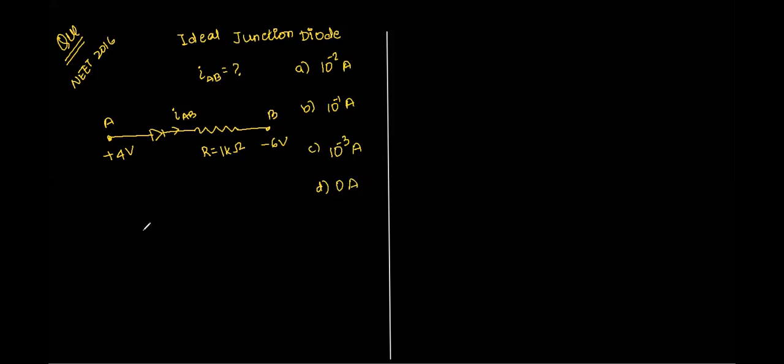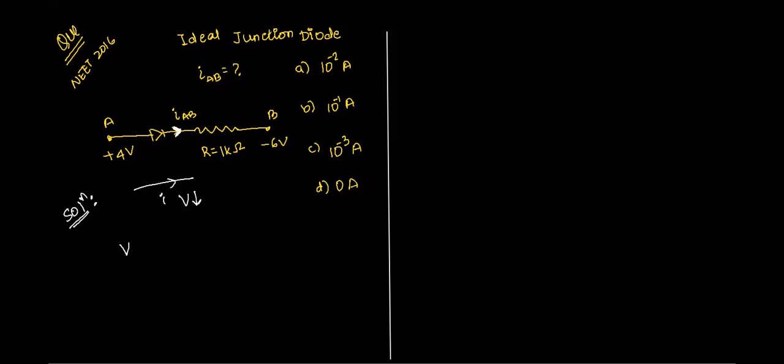So for this question, how will we go about it? See here, very, very simple. Again, a concept which has to be used from current electricity. Do you remember whenever we go in the direction of current, voltage decreases?